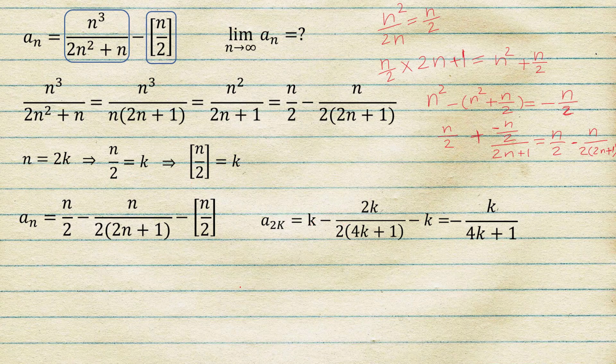So the limit of sequence a for even numbers as k tends to infinity is negative 1 over 4.